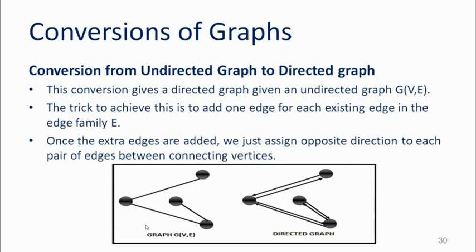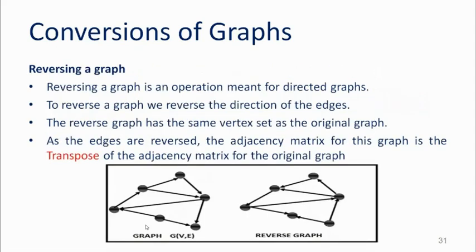Once an extra edge is added, we just assign the opposite direction to each pair of edges between the connecting vertices. Reversing the graph: if you have a graph and you have formed the adjacency matrix for that, if you want to get the reverse of the graph, then you should transpose the matrix. If you transpose the matrix, you will get the reverse of the given graph.